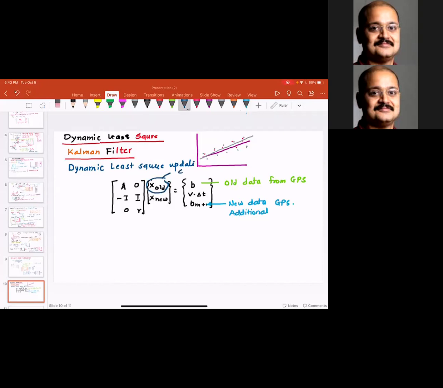So this is computed. And this is the new solution to be computed. And this R value is the update or the measurement update. So this is the measurement update.